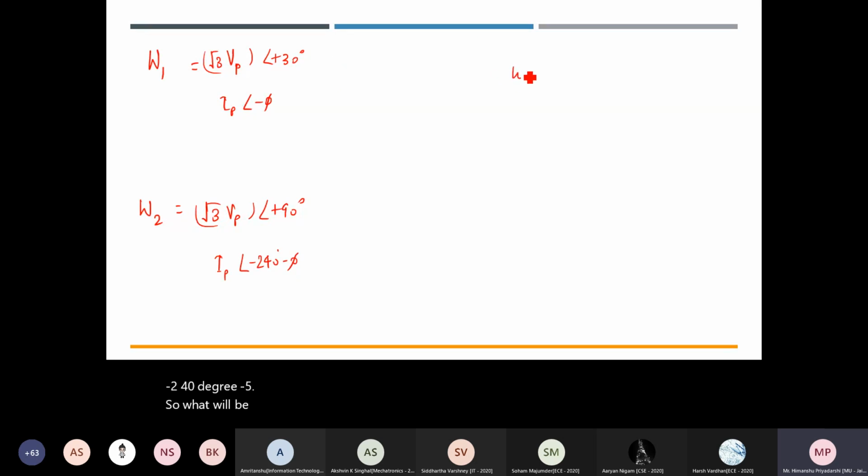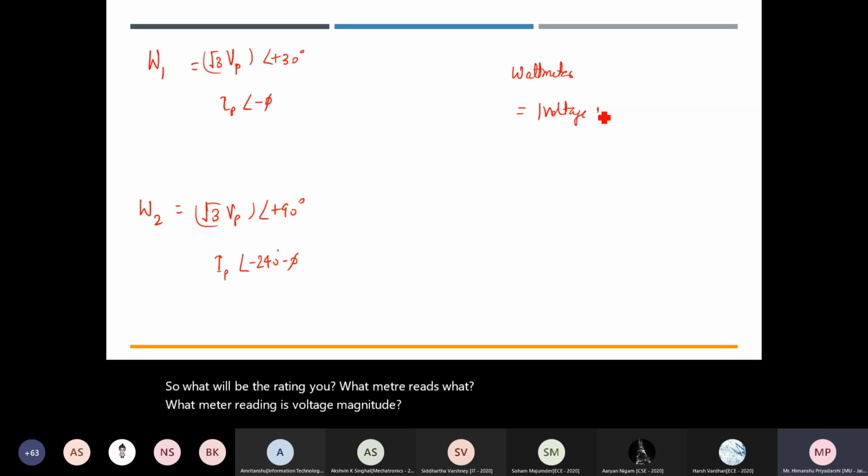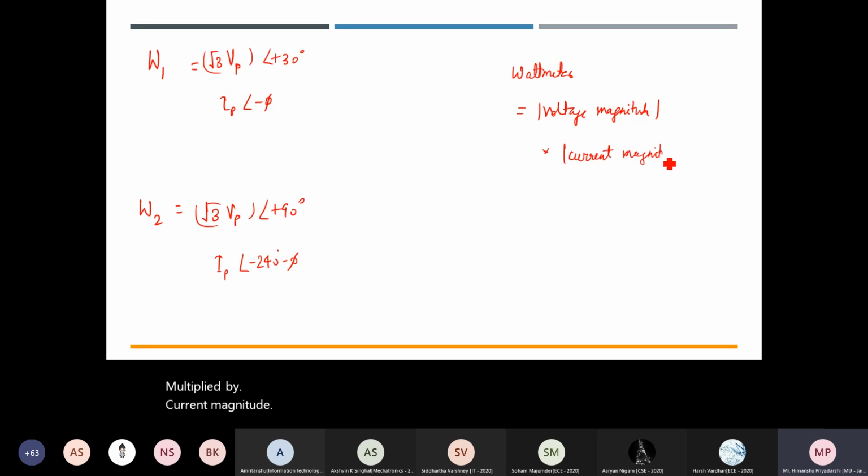You know, wattmeter reads what? Wattmeter reading is voltage magnitude multiplied by current magnitude and cosine of angle between them.